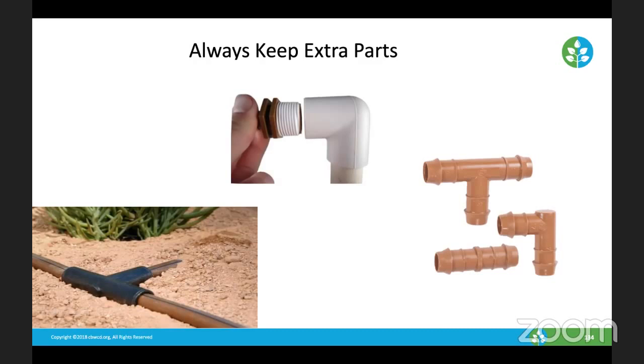This is a system that does not require gluing, but most of the time it is on the surface of the soil, could be buried again by mulch or rock, depending on the look that you want. But they are plastic pieces. Could be as easy as stepping on it or kicking it, or when you're doing some gardening, you can easily cut the tubing. So always want to keep extra parts when dealing with maintenance.